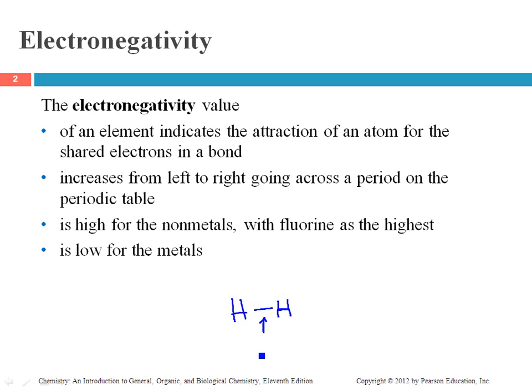One way to remember this trend is that if you move away to the left or down from fluorine, you're becoming less electronegative. It's very low for metals because metals want to lose electrons, so it makes sense. They don't want to hold on to them. Electronegativity is the attraction, or pulling tightly on those electrons. Our nonmetals do this because they want to gain electrons.